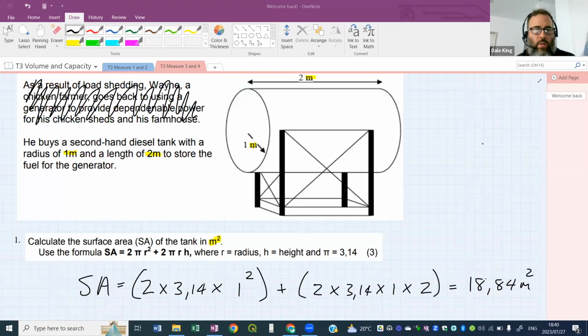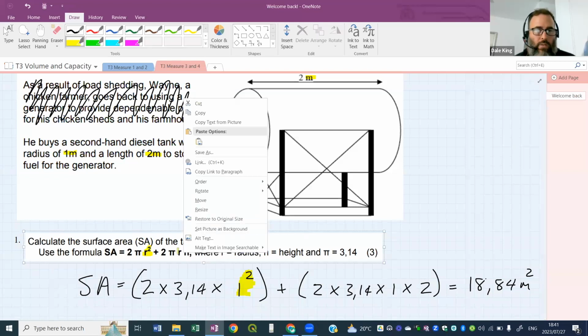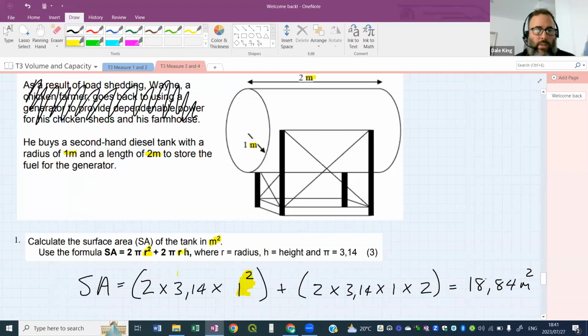Okay, so I'll tell you first of all why the radius is squared. If you look at the formula here, there in the formula is r to the power of 2, radius squared. Okay, so that's this part here in my equation when I put that in. The radius is 1, so I put in 1 to the power of 2 there. This r here in the second half of the formula, this r here is this 1 here.